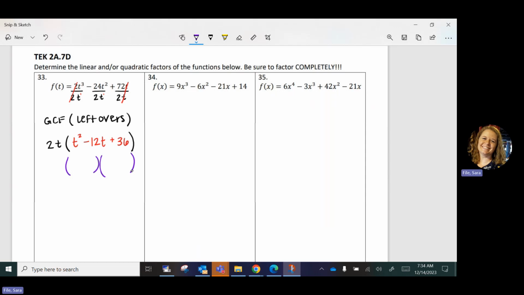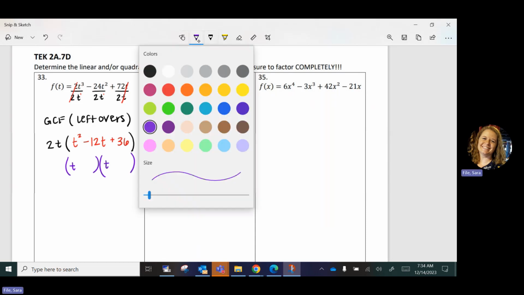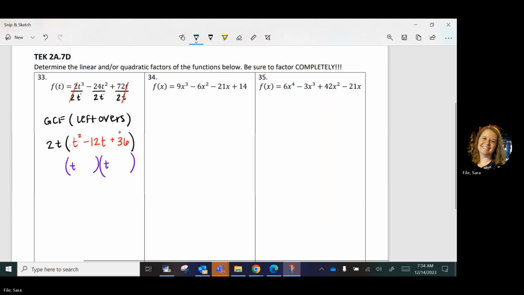The only factors of t squared are t times t. So I know the first term of each binomial will be t. Then I simply have to ask myself what multiplies to 36, a positive 36, but adds to a negative 12.